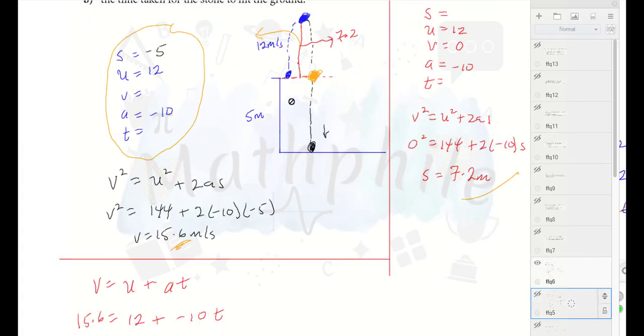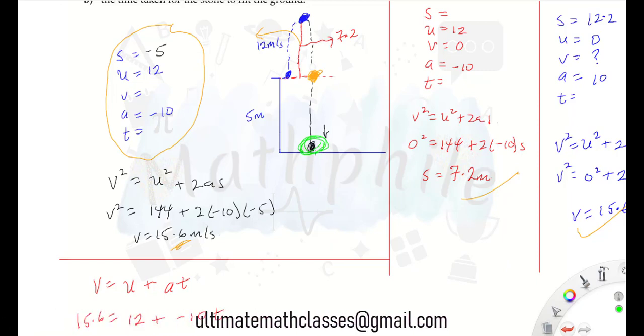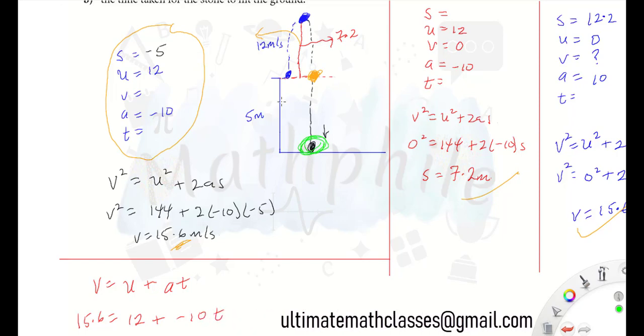Looking at this one, the particle was at this level only once in the journey. Are you getting me? So there is only one possible value for t, and that's why we are getting one to be positive and one to be negative over there.